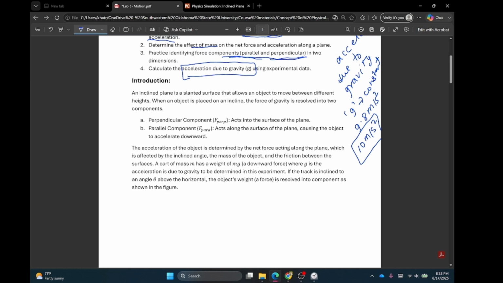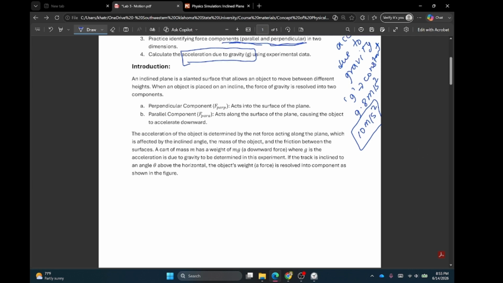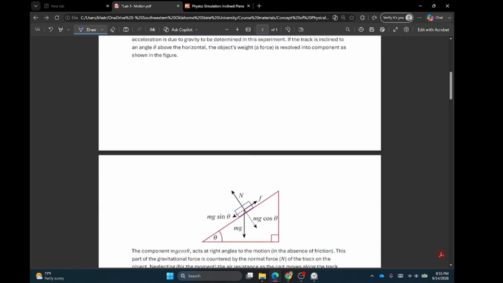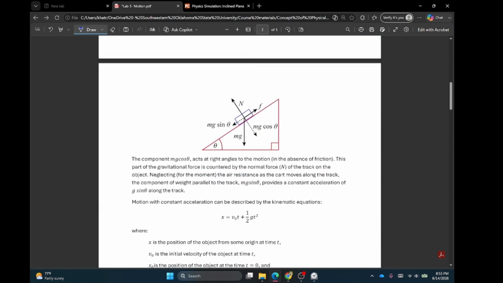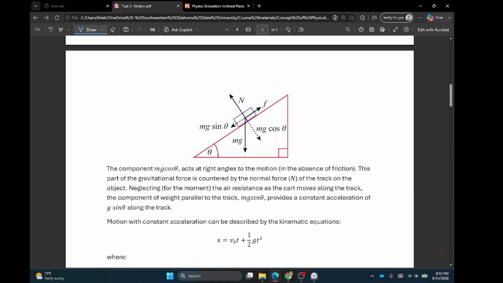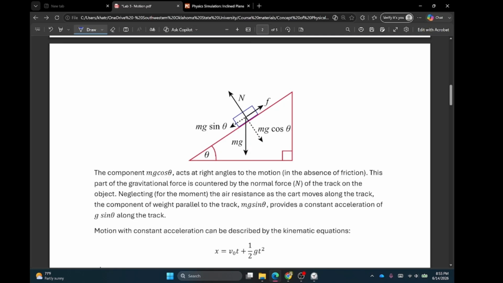Before we start the lab, first let's look at some basics about the lab. We have already been through this; let's look at it again. So let's say this is an object we are interested in, and it has a mass of m.